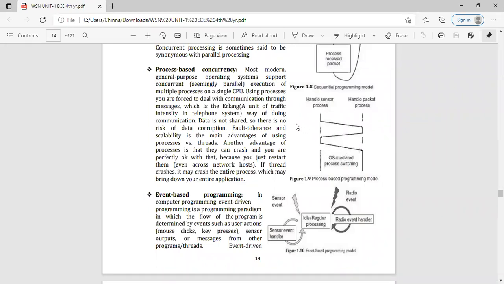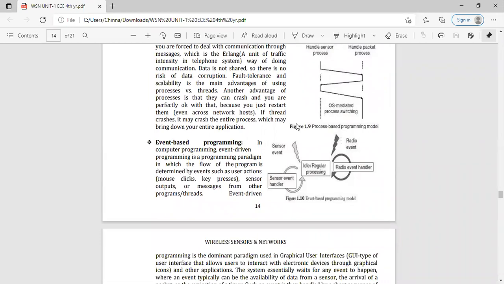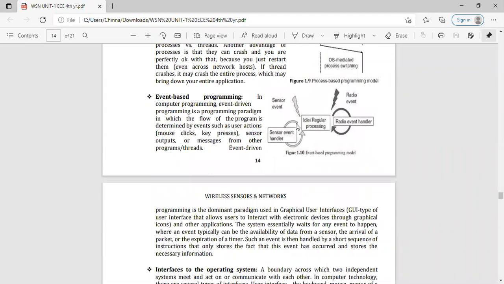Okay, event-based programming. Event-based programming is totally different from other types of programming. In computer programming, an event-driven program is one in which the flow of the program is determined by events such as a mouse click, key press, sensor outputs, or messages from other programs. Event-driven programs are dominant in graphical user interfaces.